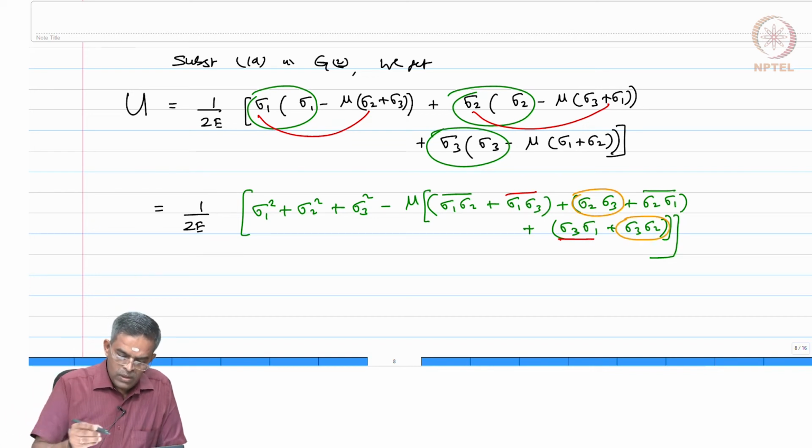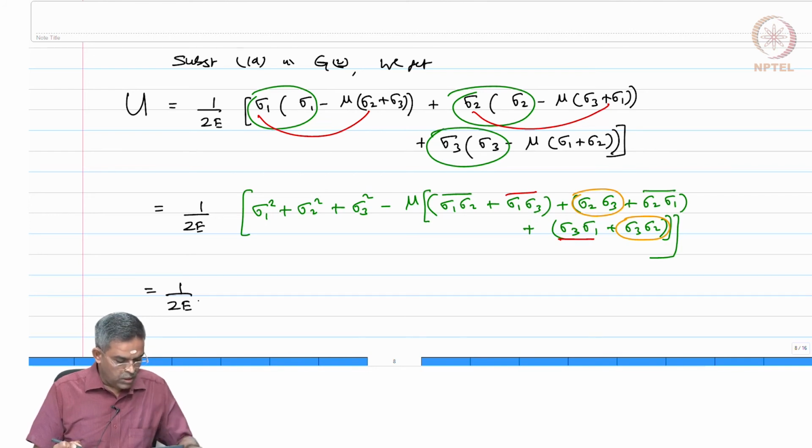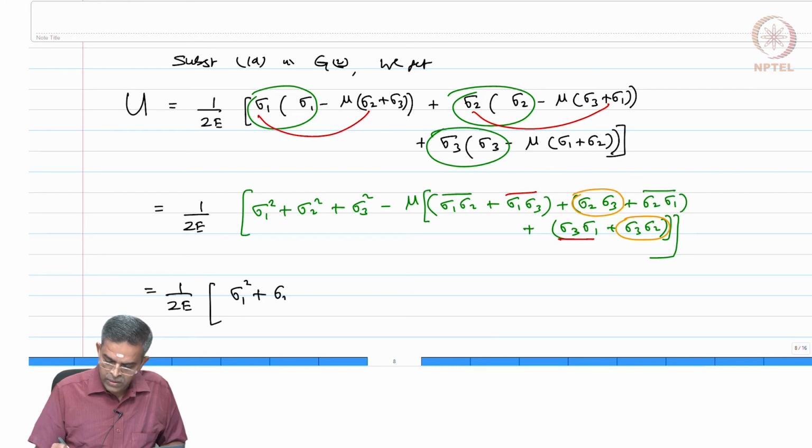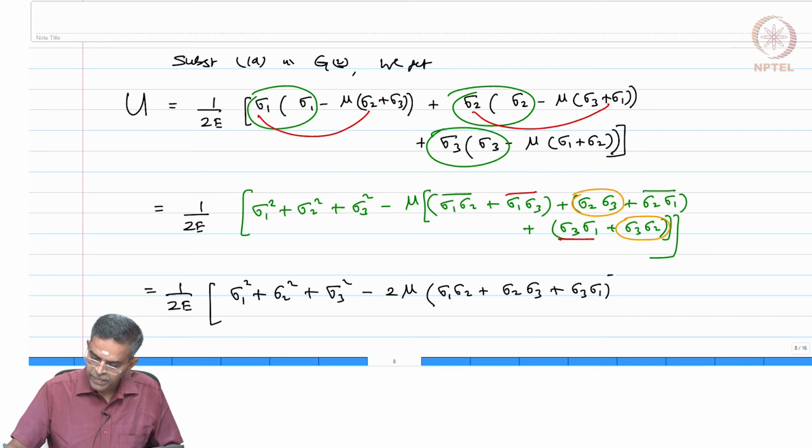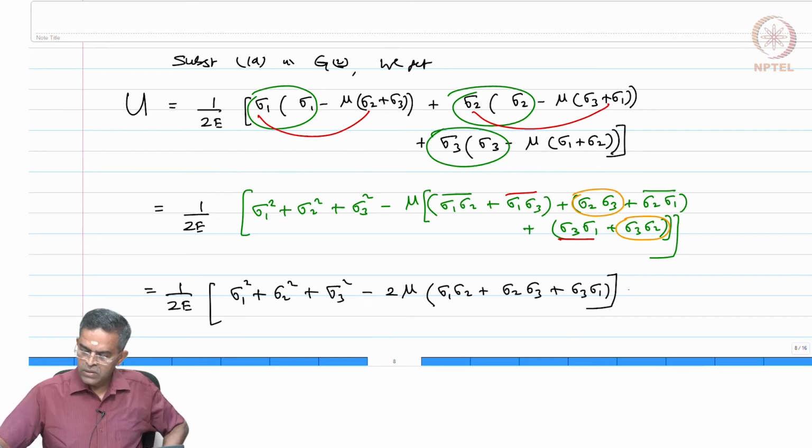So, therefore, let us simplify this further and say it is going to be 1 by 2E of sigma 1 square, 2 square, 3 square minus 2 mu of sigma 1 sigma 2, 2, 3 and 3, 1. Agreed? We will call this as equation number 3.